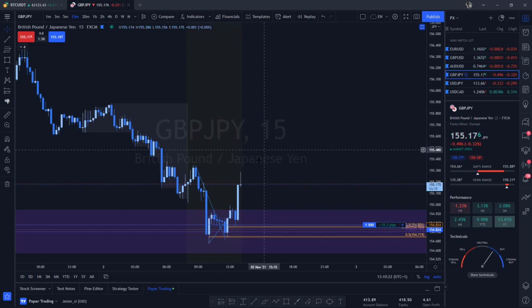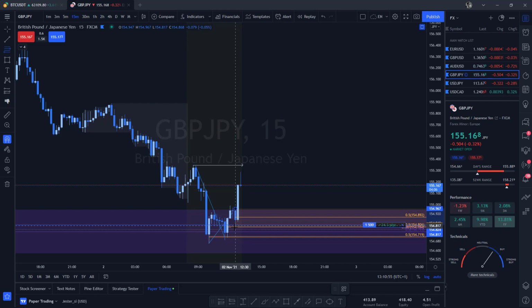I will wait for a 15-minute candle that closes above this high, so we have an impulsive move up that broke structure, and then this is the last 15-minute sell to buy.